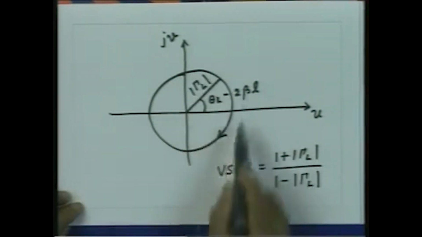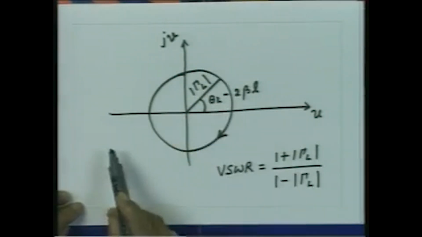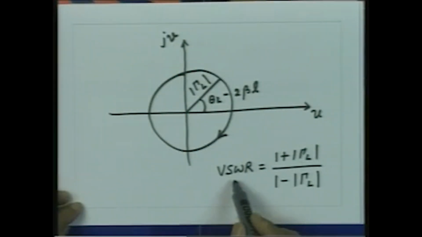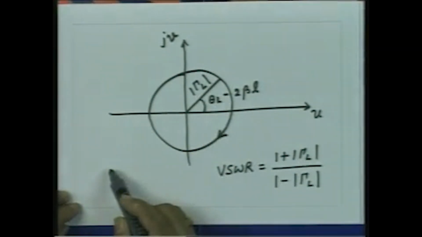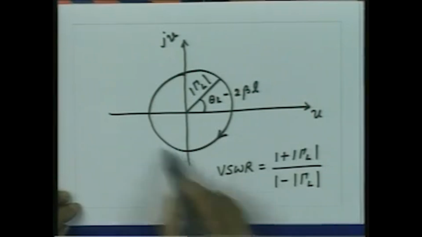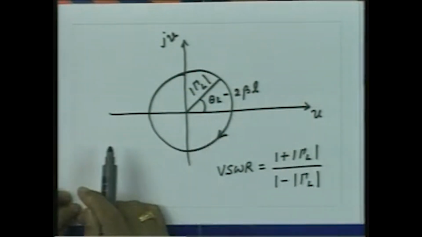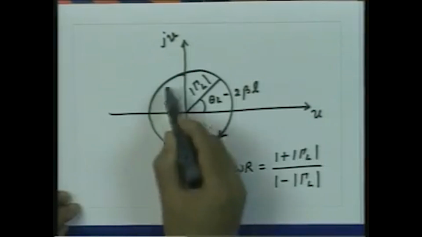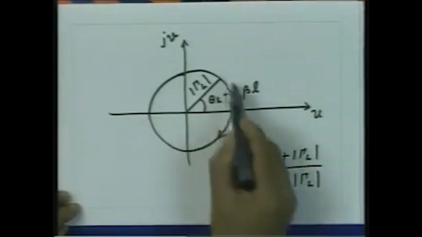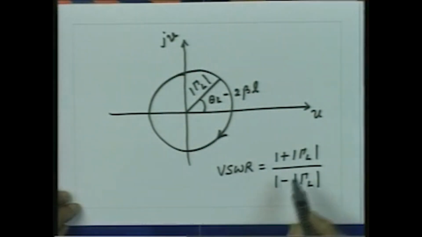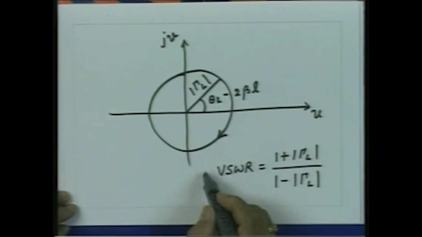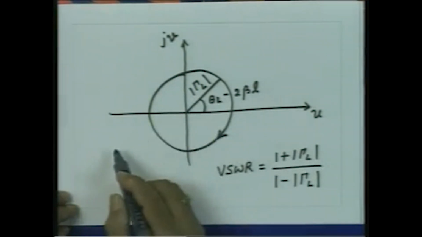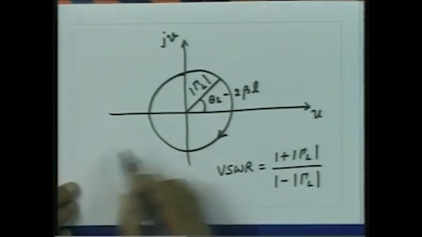So, for any point on this circle, VSWR is the same because mod gamma L is the same for all the points on this circle. You take any impedance which lies on this circle, its magnitude of reflection coefficient will be the same, and that is the reason its VSWR will be the same. Consequently, we call these circles the constant VSWR circles.